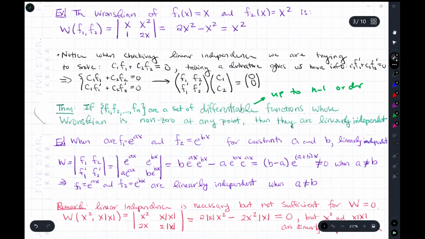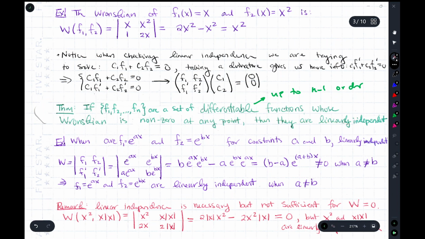Then they are linearly independent. And notice this is an if-then statement. So if they are linearly independent, can we say that the Wronskian is non-zero? It turns out not to be the case for general functions, but we do get an if and only if statement for solutions of differential equations. But bear with me for a little bit, and let's just look at general functions here.